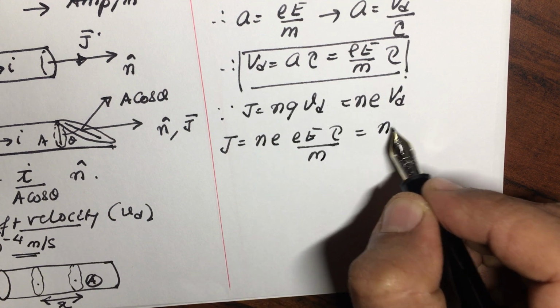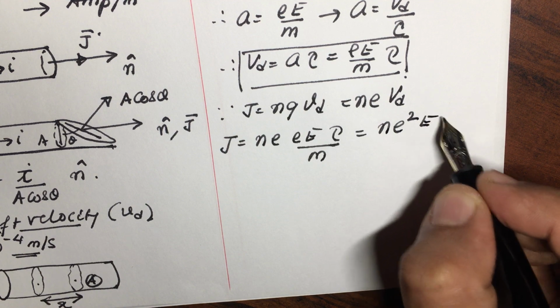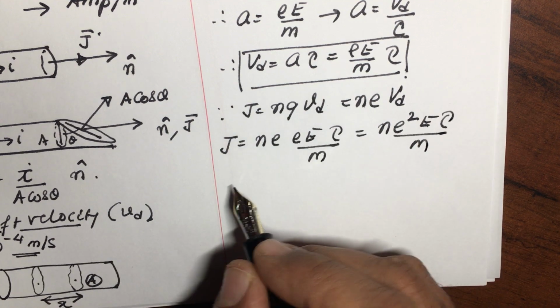So do we get NE squared capital E tau by M? Let us rewrite this.